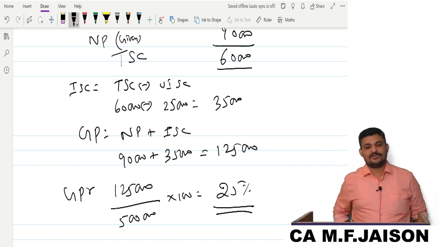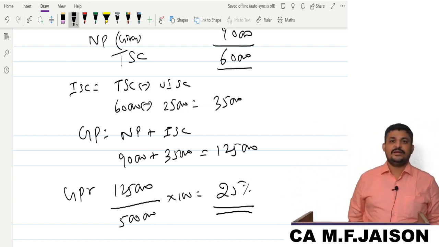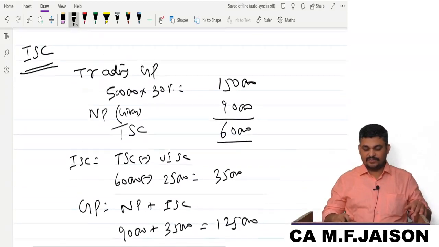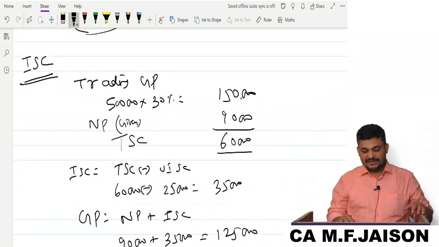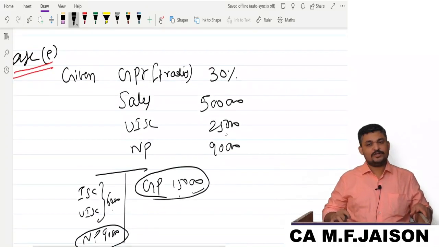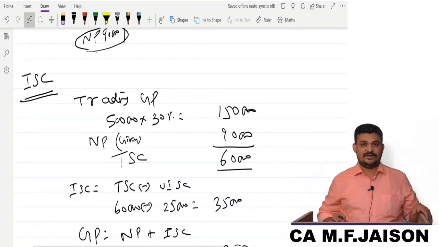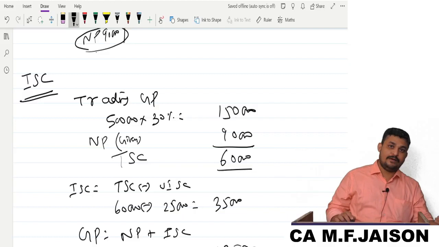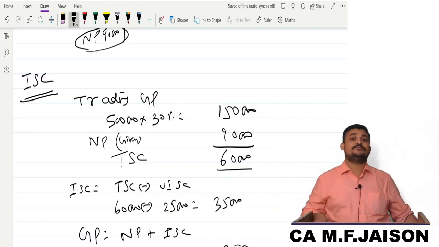I hope you understood this. So gross profit ratio is equal to 25%. Now alternatively, I told you, directly you could have deducted from 1,50,000 the uninsured standing charge given in the question as how much? 25,000. So you will directly get gross profit as 1,25,000. Only thing is you should know, even though from gross profit you deduct one number, the resulting number is also gross profit only.